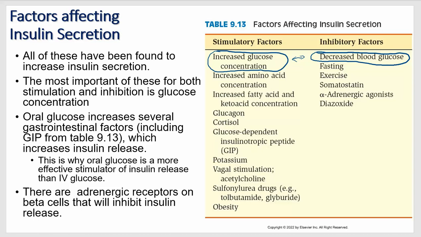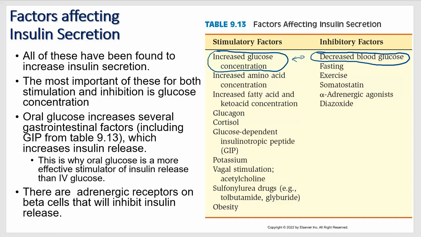Fatty acids can be turned into triglycerides, just adipose tissue in fat cells. So we want to store that stuff. So the increase in amino acids and increased fatty acids can also stimulate insulin, but that's not the primary driver.